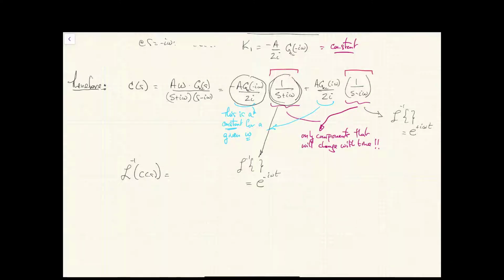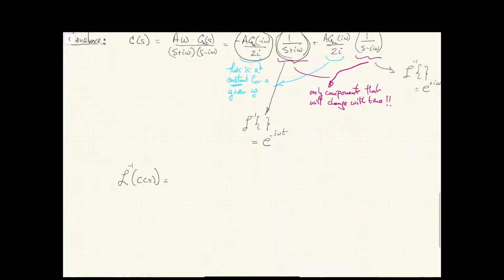So putting it all together here, without writing more than I really need to, it's going to be equal to minus a times the value of my closed loop transfer function evaluated at minus I omega. And remember, we know how to do this, right?